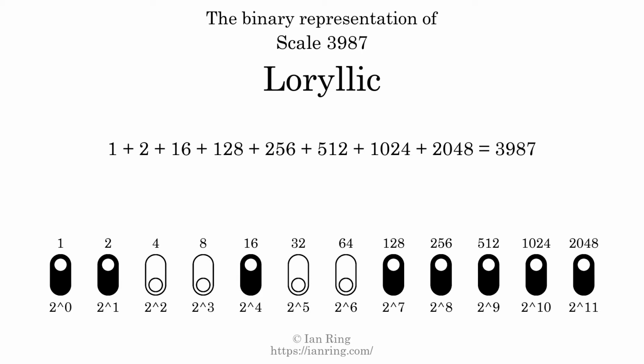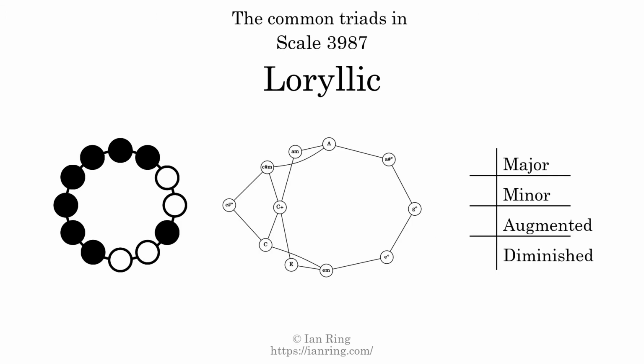That is why the scale number, in decimal, is 3987. The scale number not only enumerates the scale with a unique index, but it also literally describes the tonal content of the scale. Represented as a binary number in base 2, the scale number is 1111100100011. Here are the common triads present in this scale.